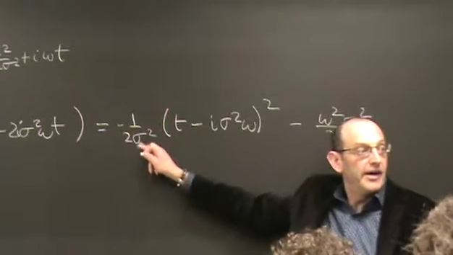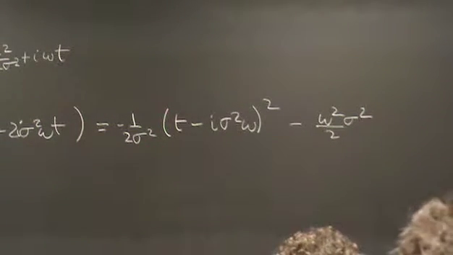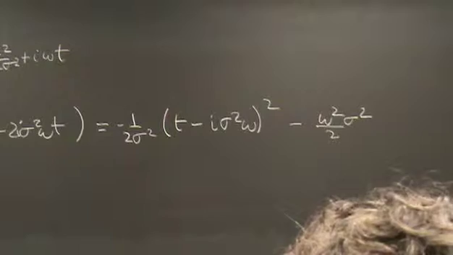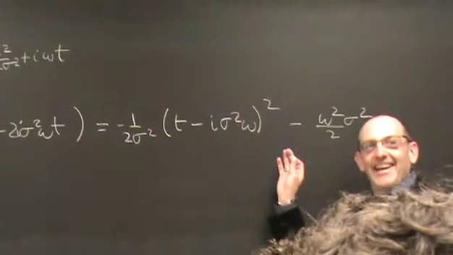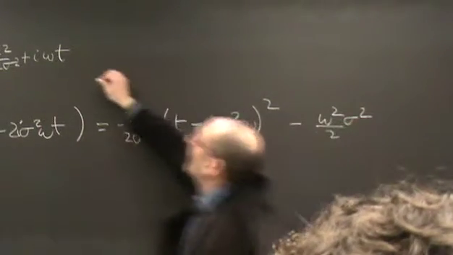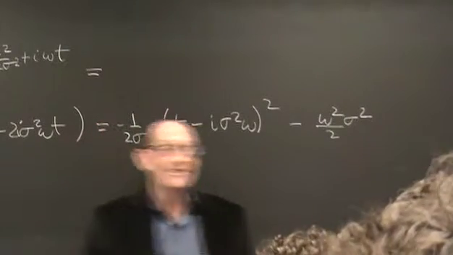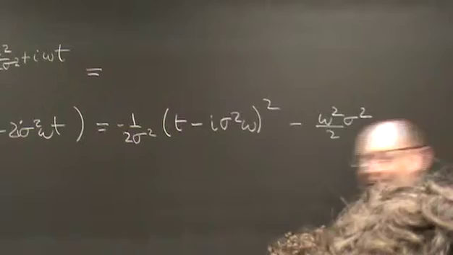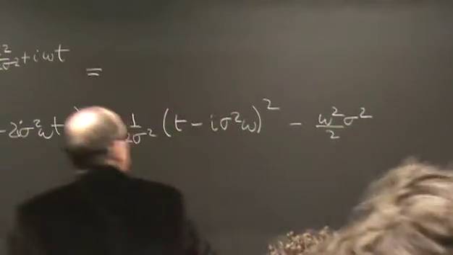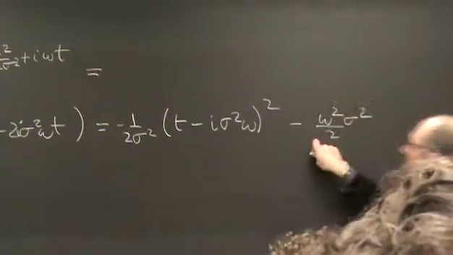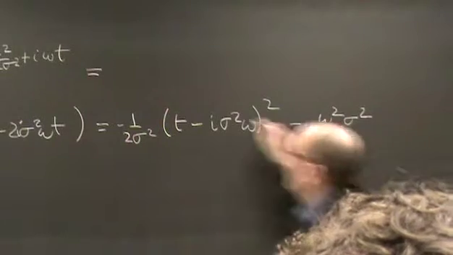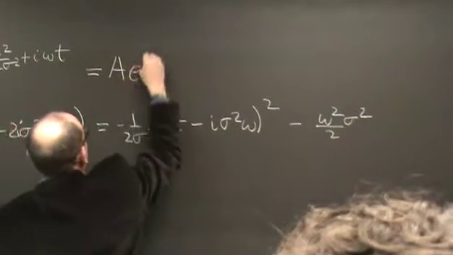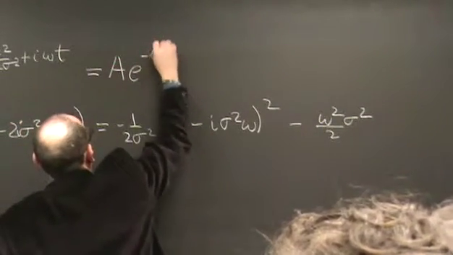There's a 1 over sigma squared, and that's where I'm coming from. Yep, it's good. I'm glad people are actually paying attention. That's excellent, because I certainly will make mistakes, as you have seen. All right, so we completed the square. This now doesn't depend on t, and so factors outside of the integral.